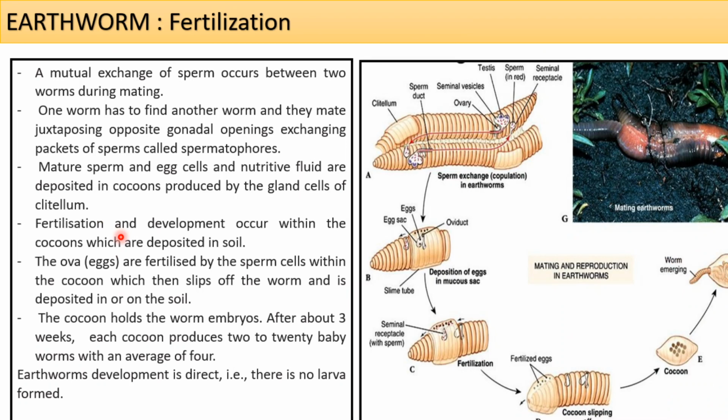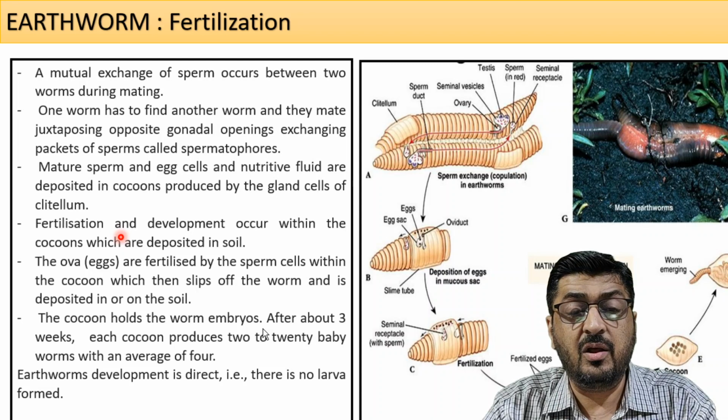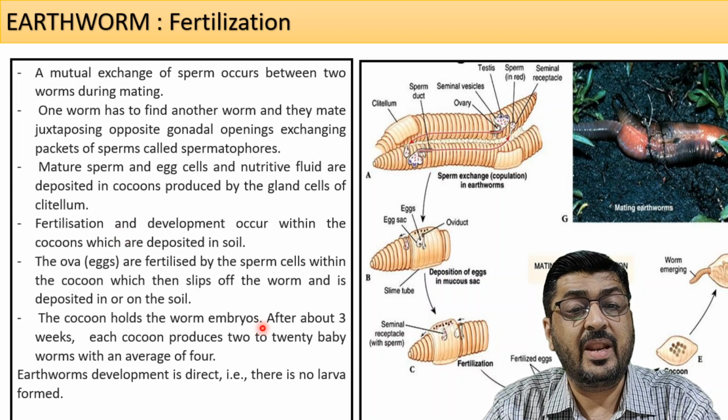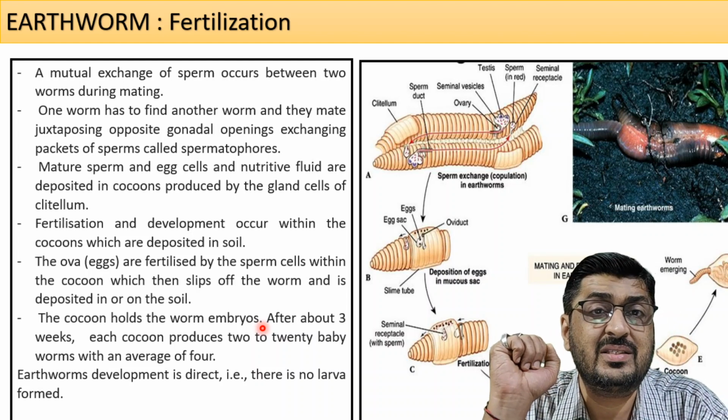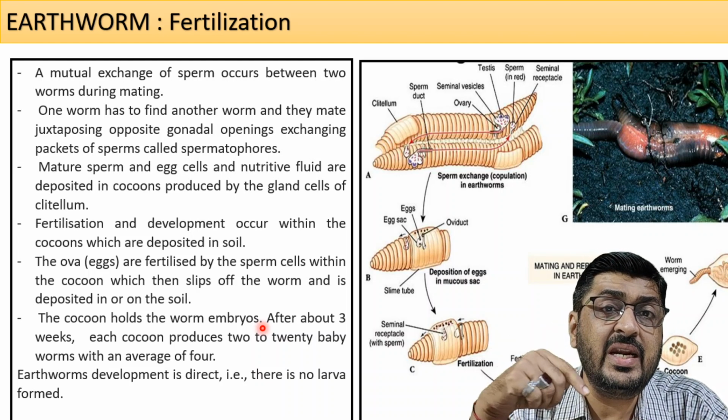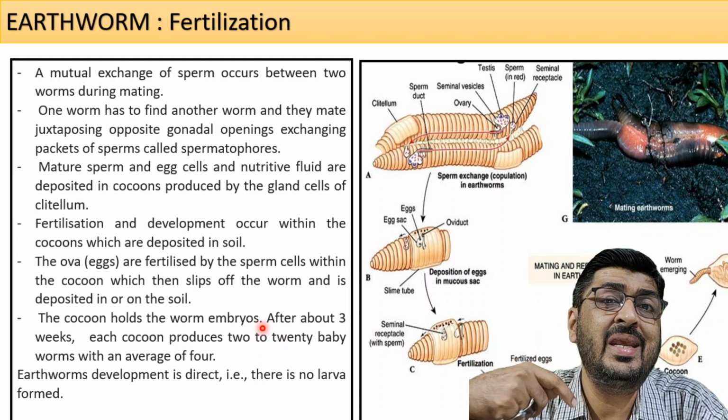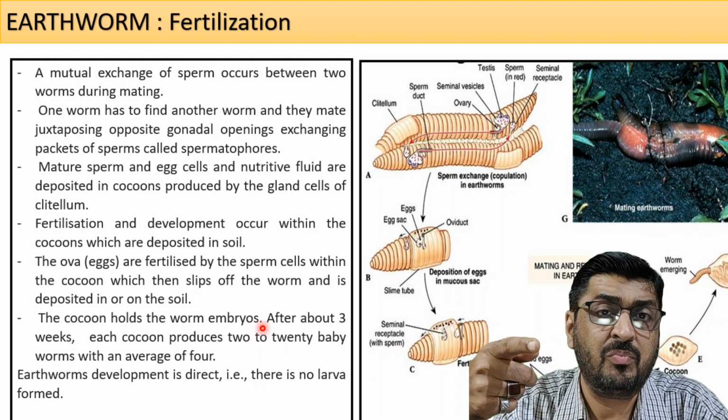Now fertilization of earthworm. Right. See, in the starting itself we mentioned that it is a hermaphrodite. Right. But in spite of being a hermaphrodite, it cannot self-fertilize. Right? It needs a mate. It needs a partner for reproduction.